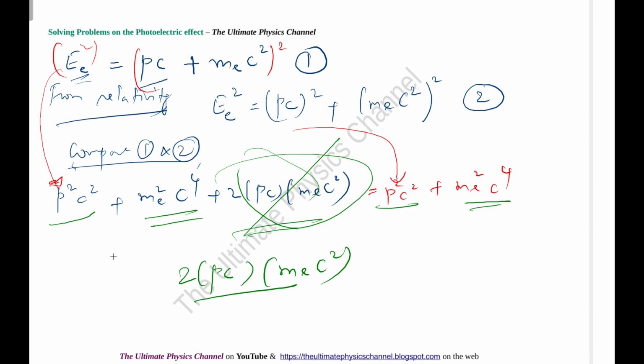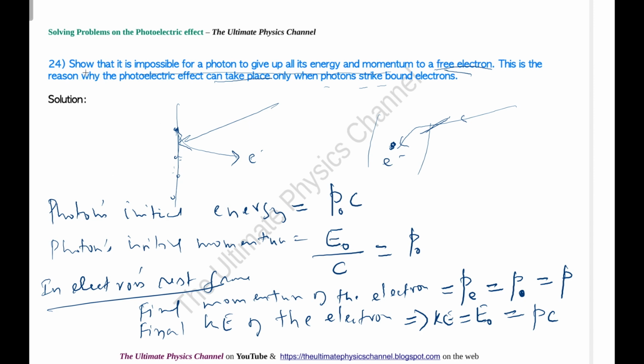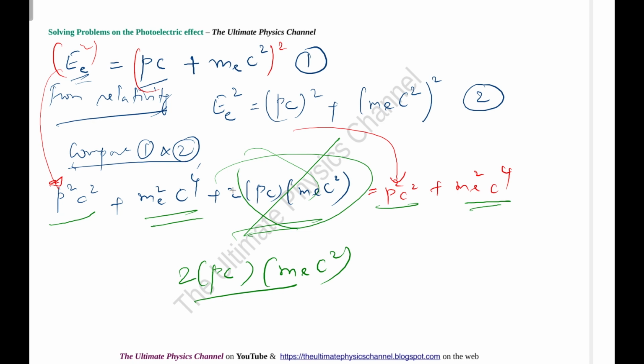That cannot be true. Therefore, we can conclude that it is impossible for a photon to give up all its energy and momentum to a free electron. That's the conclusion we can take.